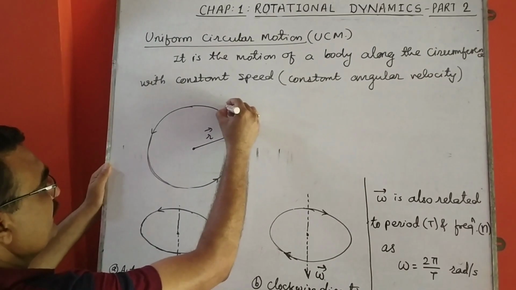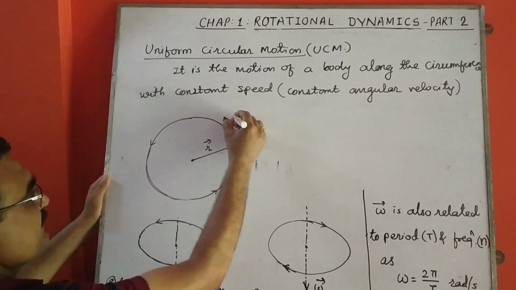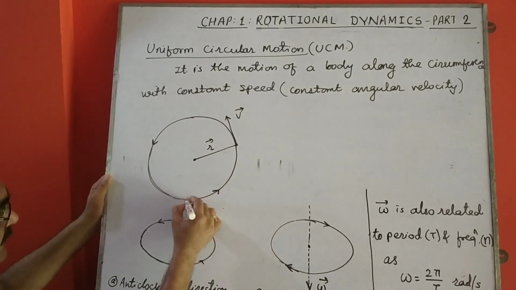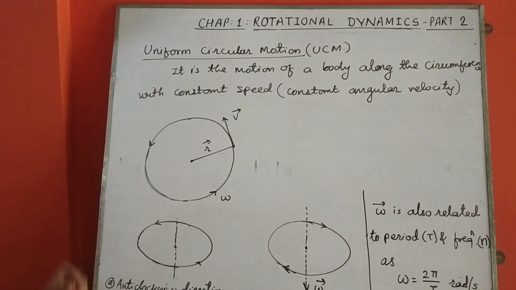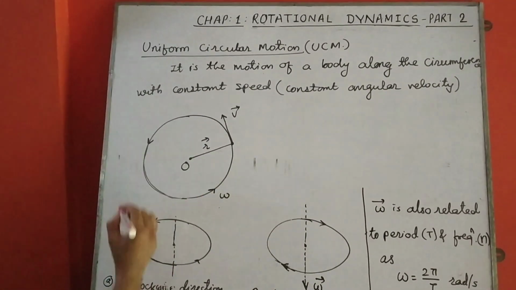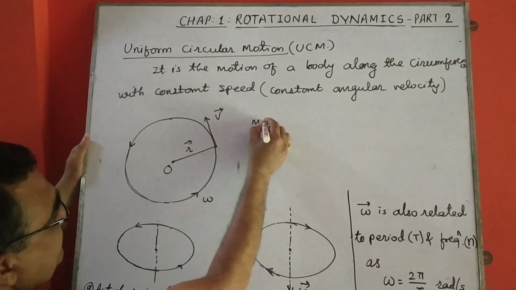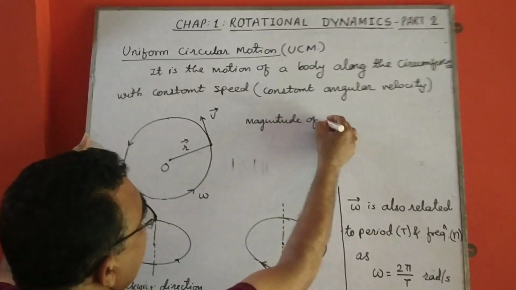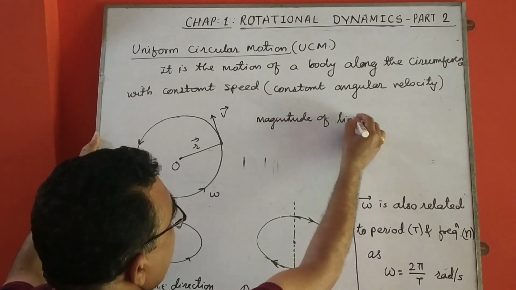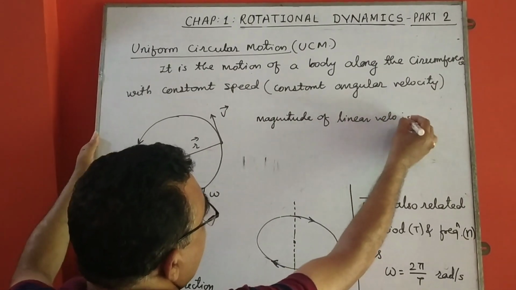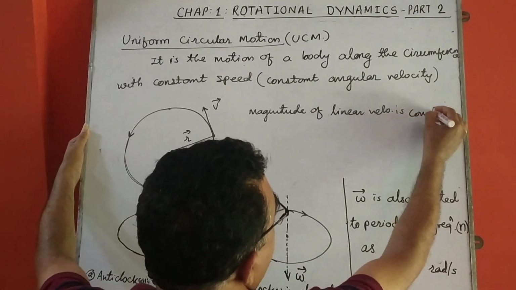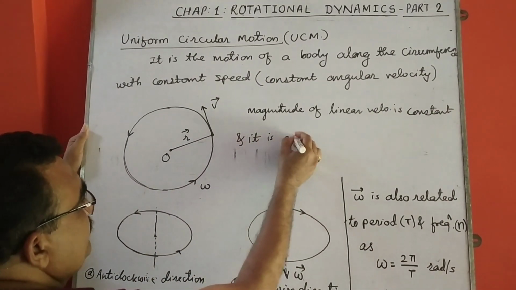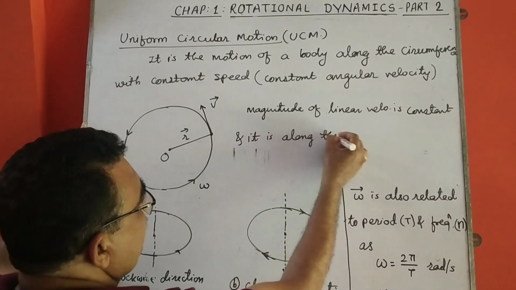Now this body is moving in this direction, which gives this linear velocity, and here we can show the angular velocity, which is constant. So the magnitude of linear velocity is constant, and it is along the tangent.